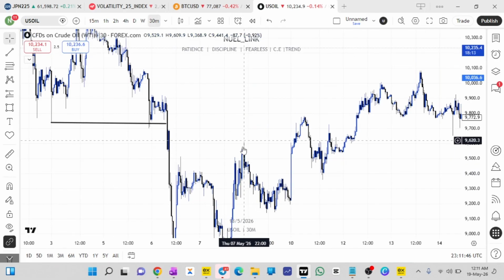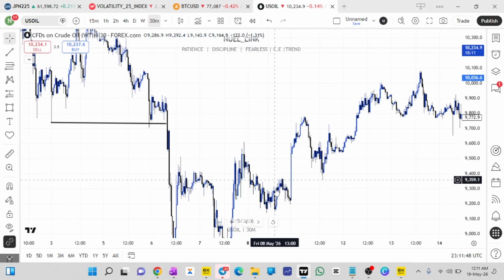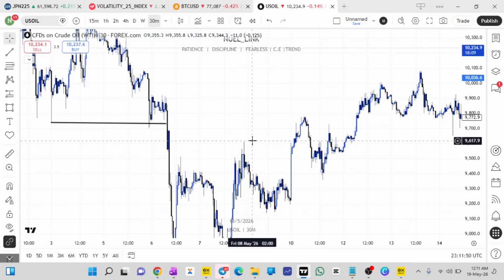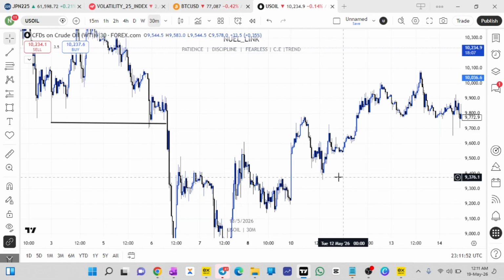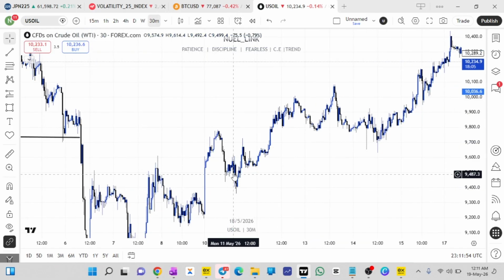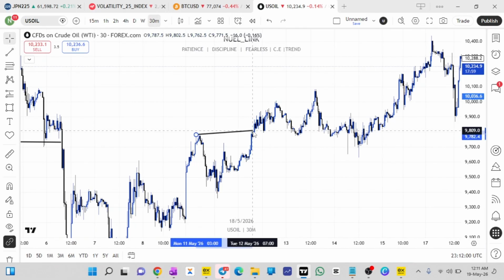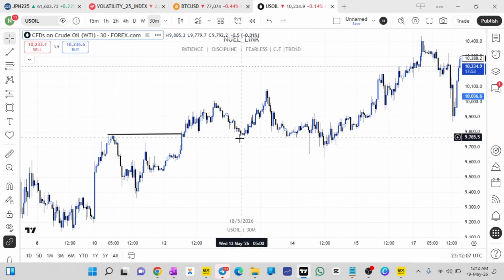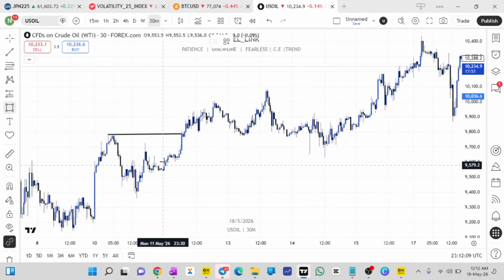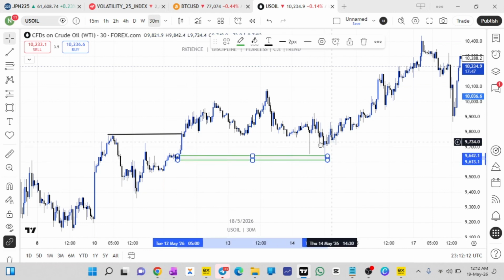I won't take a trade from this range. This is a good trade, but I will never take it. This particular range, this substructure here, I won't take a trade inside it. In as much as it just gave reconstruction liquidity, came back, and tapped into the origin, I won't take it.